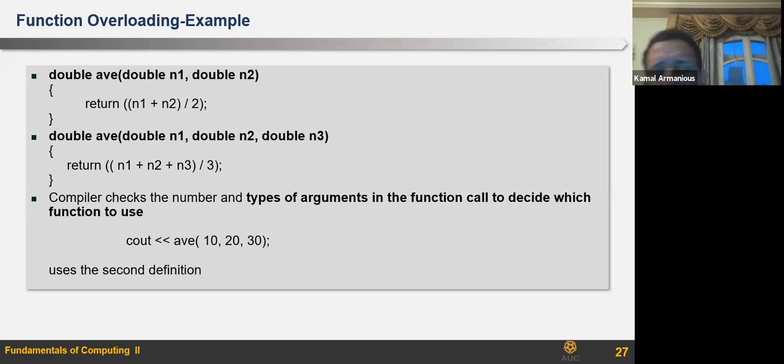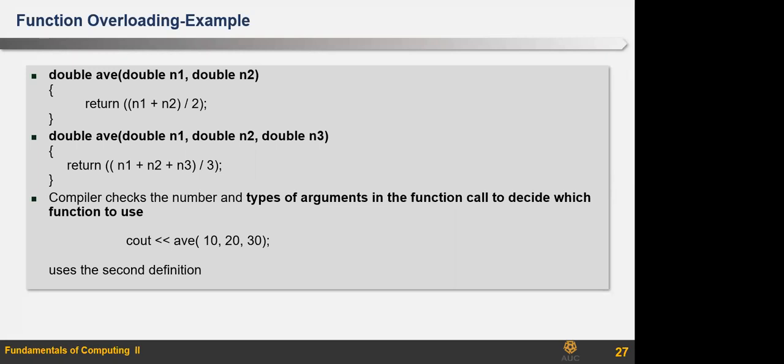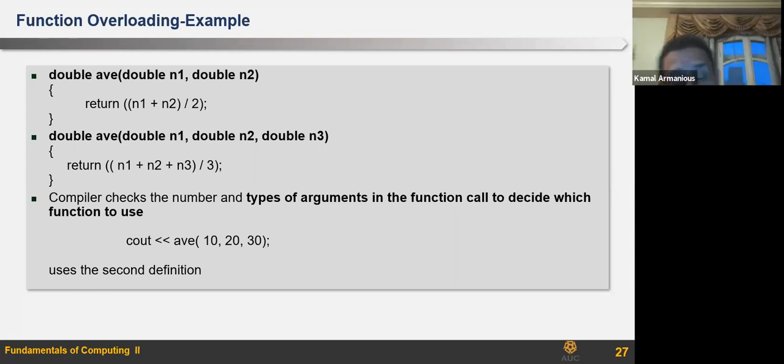The difference is that you will have the same name of the function, but with a different number of input parameters. You have the same function name with a different number of parameters.